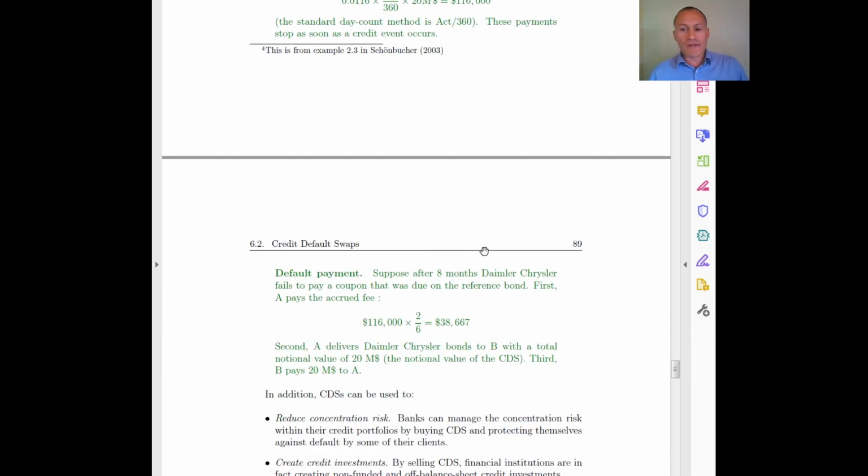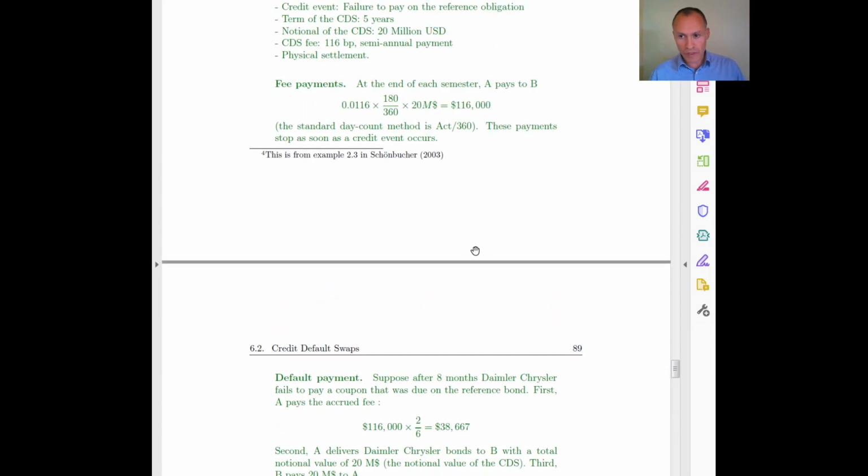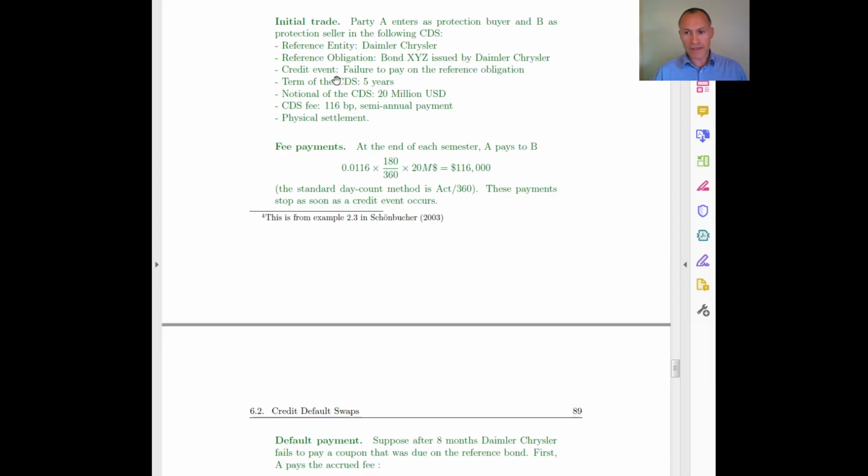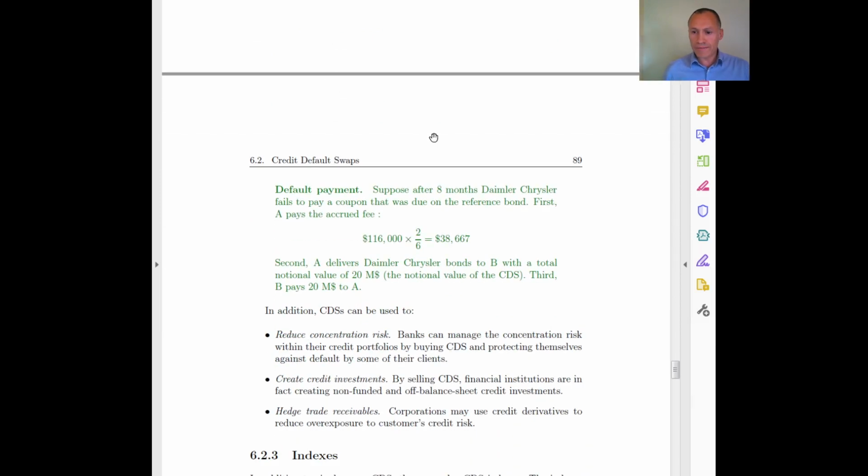Now, suppose that at some point there is a default. So at some point something happens to this underlying asset here. So let's say this happens after 8 months, right? So what do we need to do? Well, since this is in the middle of a coupon period, 6 months, so we are 2 months after the last payment, we need to pay the accrued fee, right?